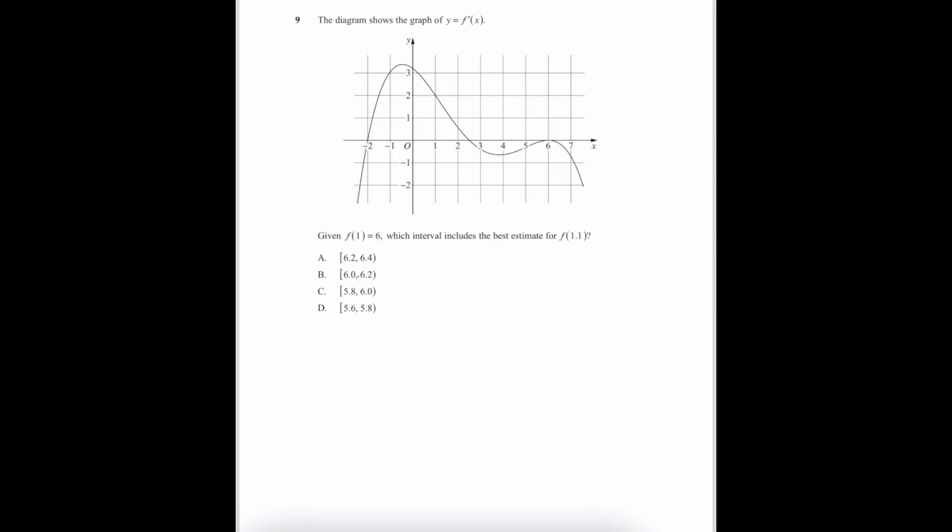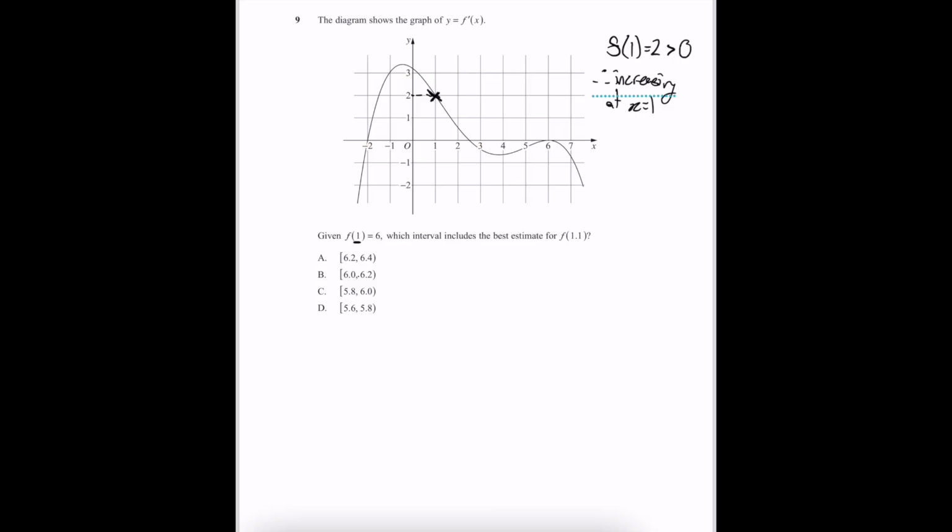So the first thing that we're going to see here is, well, what happens when x equals 1 for the gradient function? So when x equals 1, we see that the y coordinate, or at least the gradient function, is equal to 2, which is greater than 0, and therefore it's increasing at x equals 1.